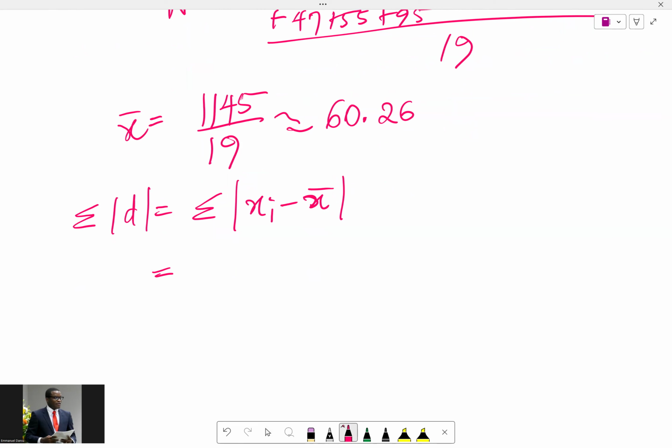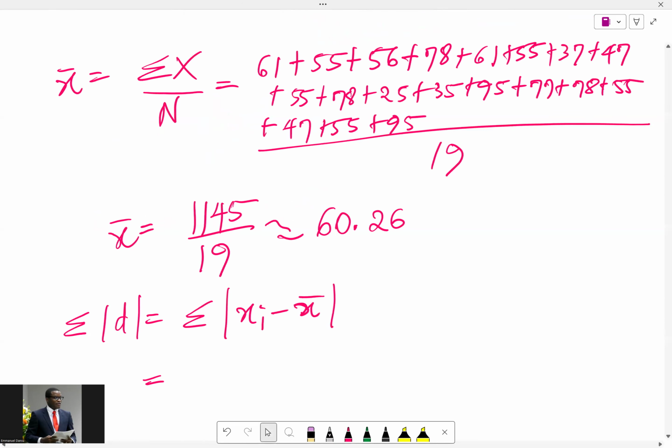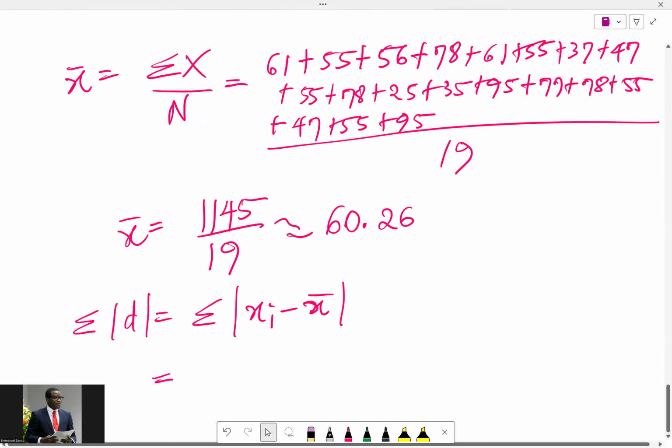Okay, let's take it one after the other. So the first one is 61. 61 minus 60.26 is 0.74.